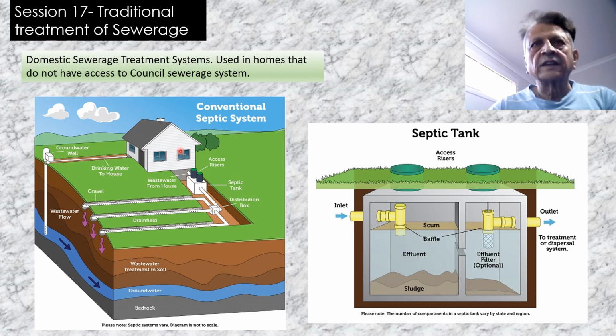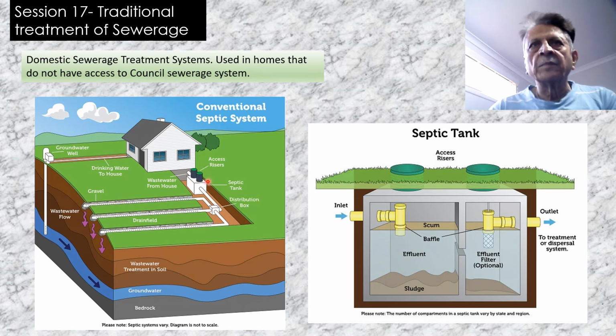The sewage that comes out of the home is taken into a tank, which is called a septic tank, where again chemicals may be used that will either chemically digest the protein material, or they can use bacteria that will do the digestion.